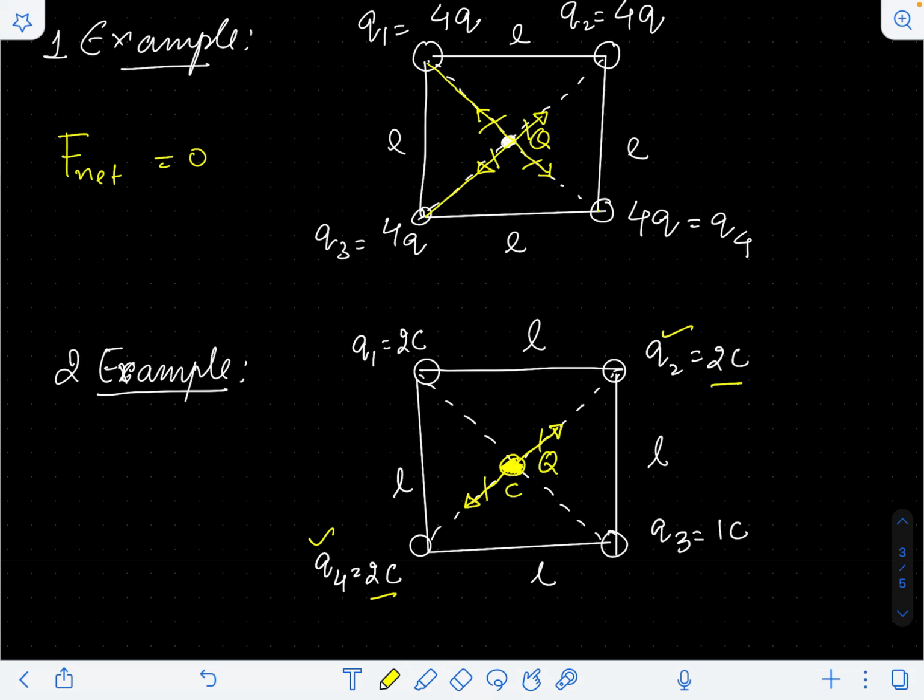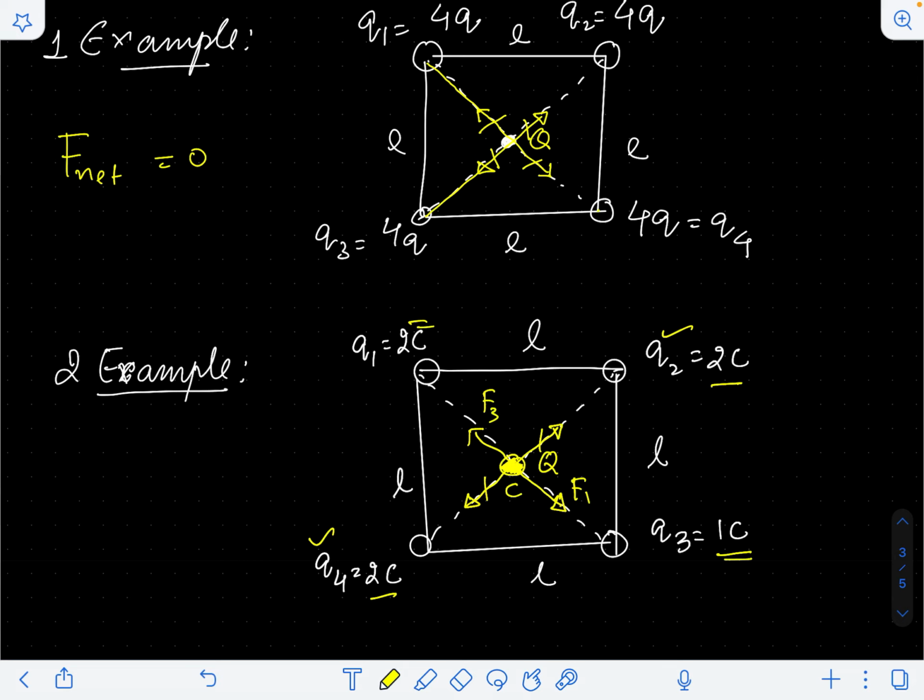That's why the forces acting on the charge placed at the center will not cancel each other. Q1 acts on Q in this direction, so let's say this force is F1, and the force due to Q3 is in this direction, let's say F3, but the magnitudes of F1 and F3 are not equal because this is 1 coulomb and this is 2 coulomb.